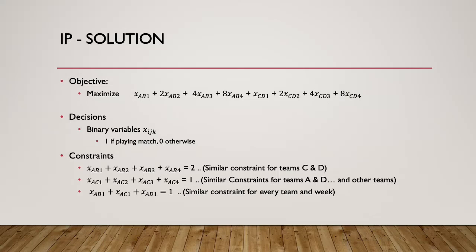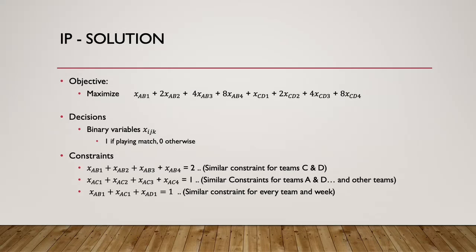Similar constraints apply to every team in a week. And the objective is xab1 plus 2 xab2. This is a combination problem, so slot-wise it increases like this: xab1 plus 2 xab2 plus 4 xab3 plus 8 xab4 plus xcd1 plus 2 xcd2 plus 4 xcd3 plus 8 xcd4.